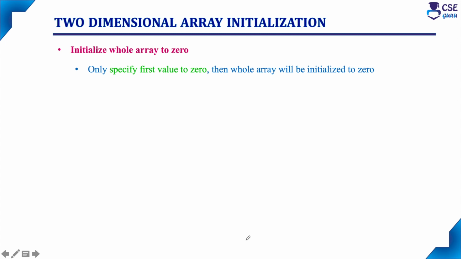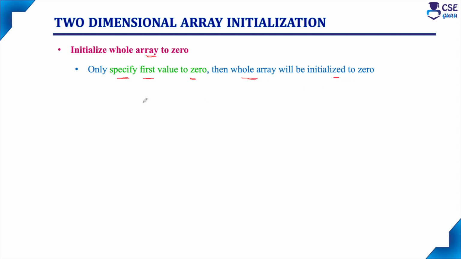Next, the last one: initializing the whole array to 0. This we already know. If you are initializing with only one 0, that will initialize the total array to 0. So only specify the first value as 0, then the whole array will be initialized to 0.